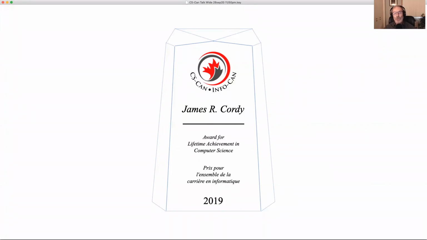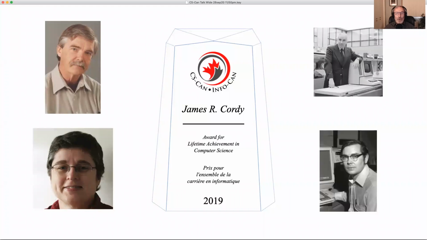This award is important. It's important to our community. It's important to Canada. I'm even more humbled to be in the same group that includes Hugh Williams and Laurie Hendren, Wes Graham, and Morven Gentleman. I don't know Hugh, but I know his work, and it really is an impressive body. I know Laurie very well from her time as a student at Queen's and the rest of her career.